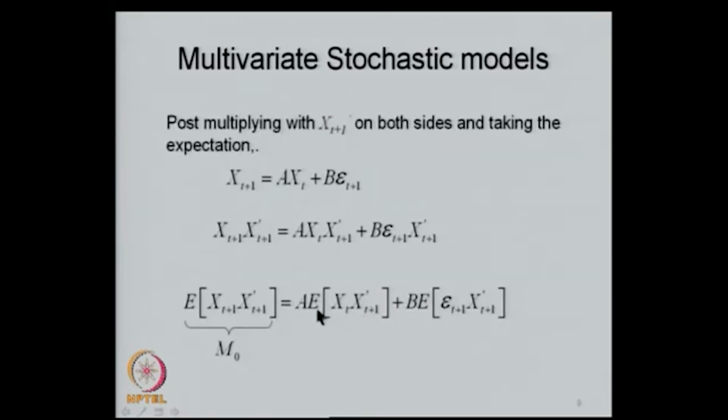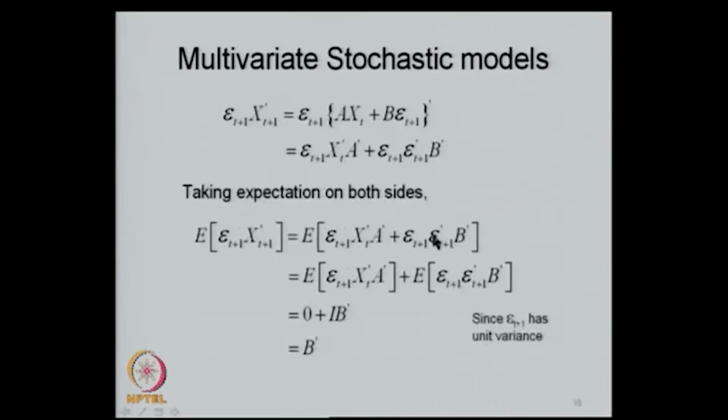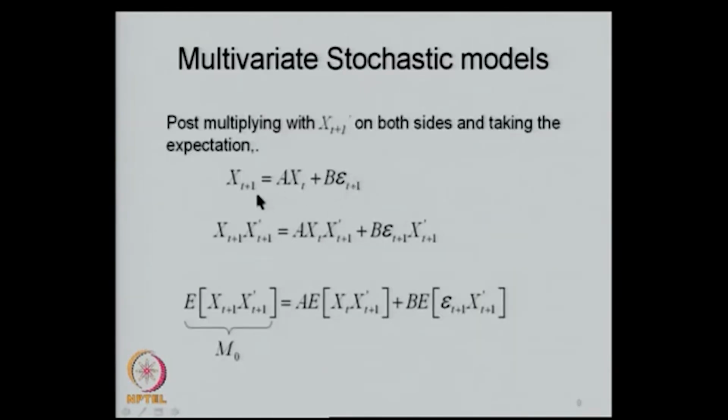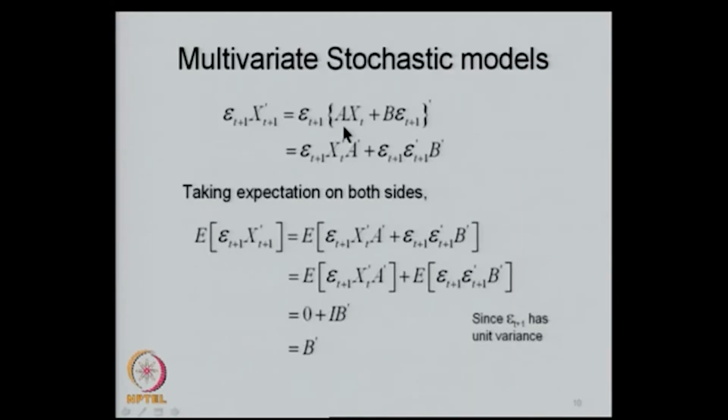We are now focusing on the expected value of epsilon t plus 1 x t plus 1 prime. So, we will write this term as epsilon t plus 1, I will take it out, and x t plus 1 prime. From our model, x t plus 1 is a x t plus b epsilon t plus 1. So, from the model I write this as a x t plus b epsilon t plus 1, and I am talking about the transpose of that.